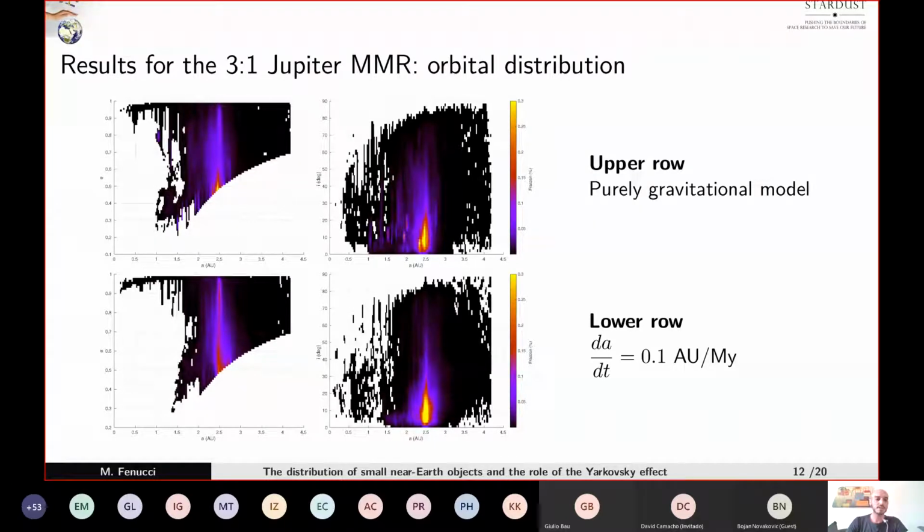And we can appreciate the fact, for instance, that in the plot in semi-major axis and eccentricity, the distribution of these objects is more spread along the resonance line here, rather than in a purely gravitational model. And for the distribution in semi-major axis and inclination, it is a bit wider at small inclinations.